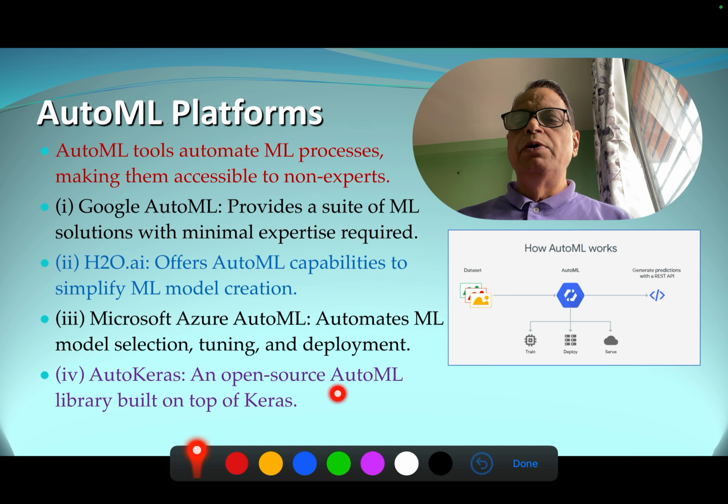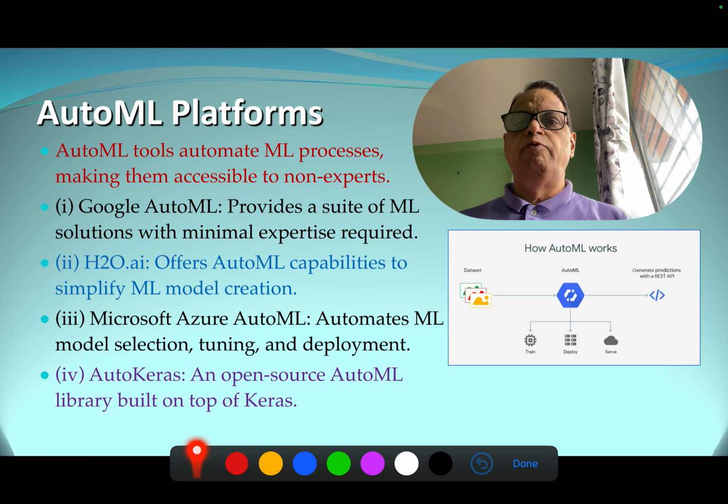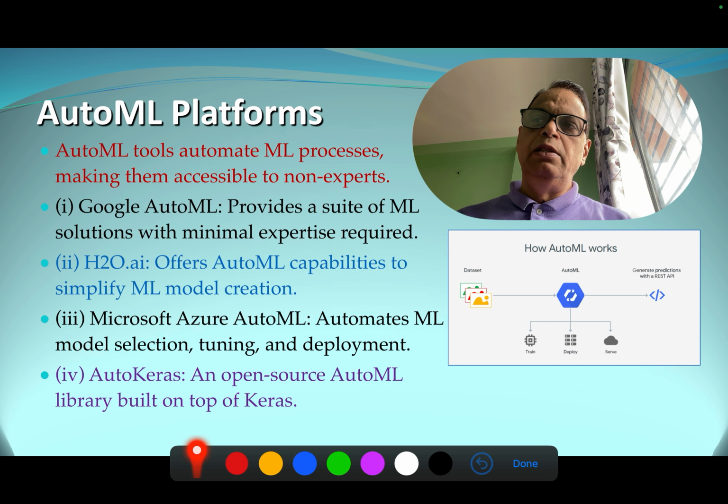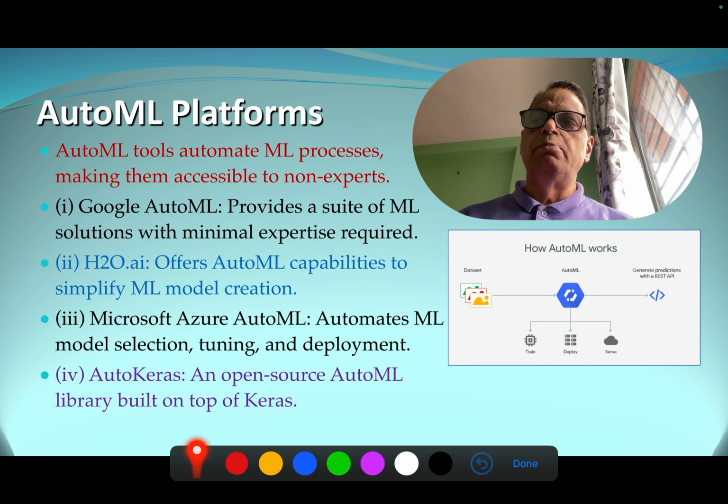AutoKeras is an open source AutoML library which is built on top of Keras. So these are very useful tools available. Most of them are free and open source, and therefore one can go to their websites. There are certain books and PDFs available. You can study them and start using them if you are really serious about developing some AI application.